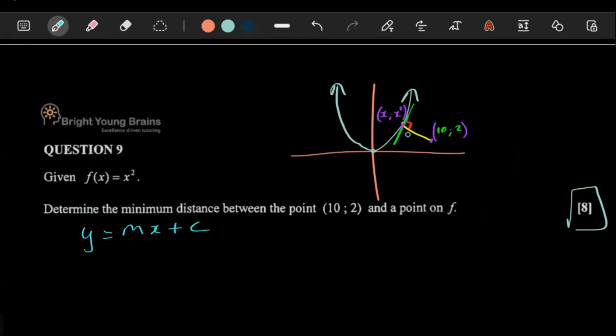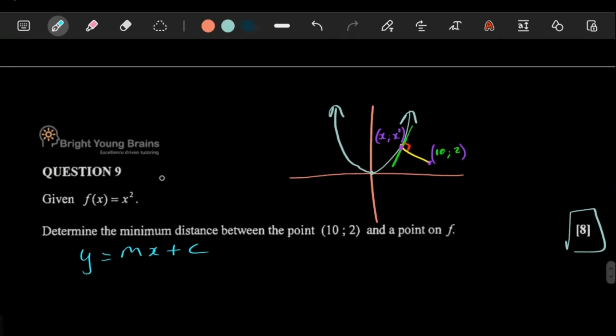So the gradient of this line here, we can get it by using the first derivative. Remember, the first derivative of this equation is what gives us the gradient at any point here. So the first derivative is clearly just going to be 2x. So the gradient at any point here, we can get it by just saying 2x.